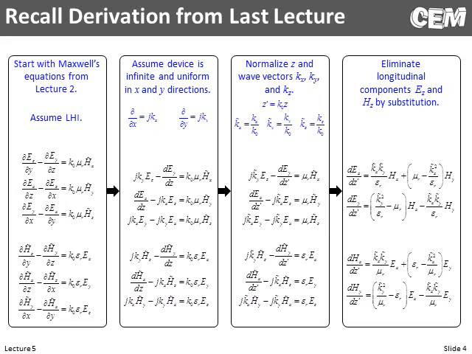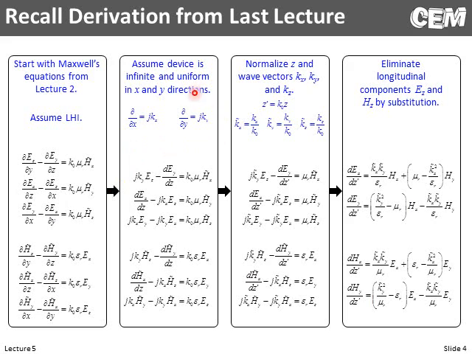If I was going to summarize what we did in the previous lecture, here's where we are. So we started off with Maxwell's equations from lecture 2. Then for the transfer matrix method, we assumed infinite slabs in the x and y directions and having finite thicknesses in the z direction.